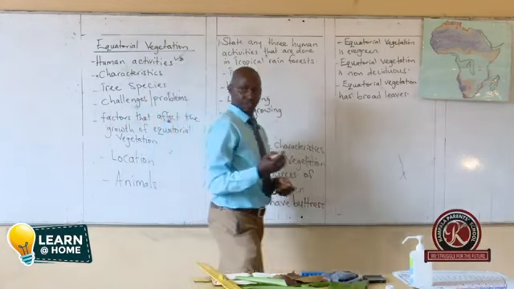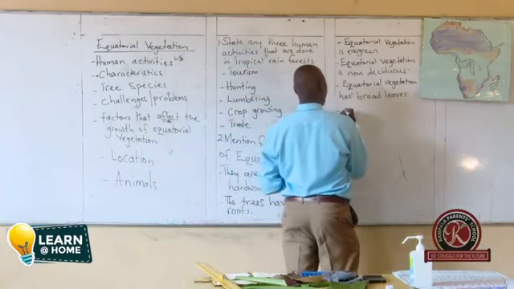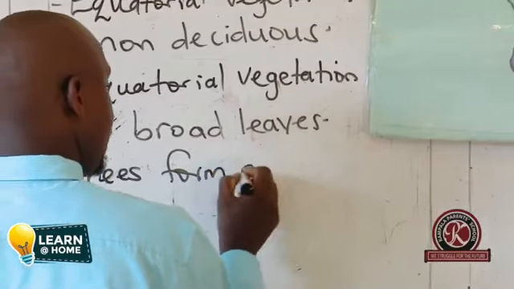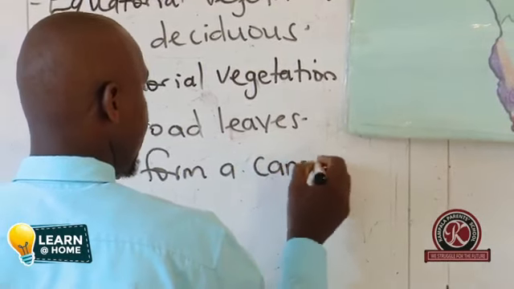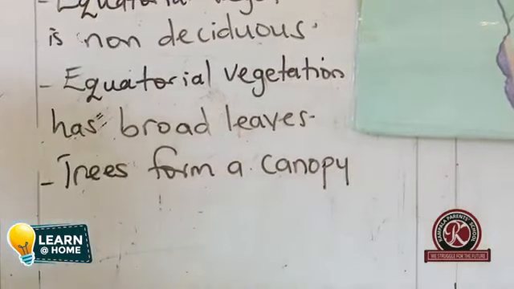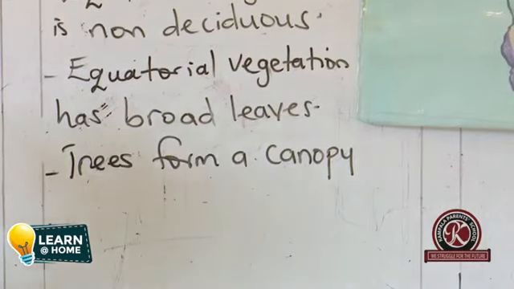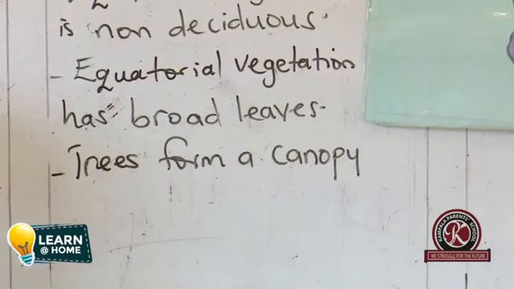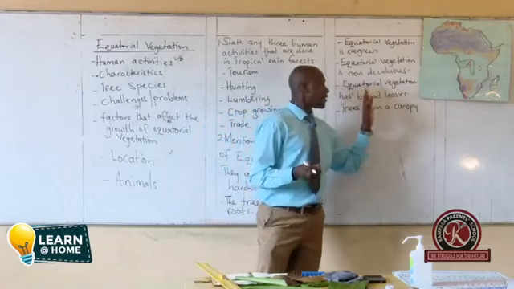So you can go ahead and look at the last, as per now, characteristic of equatorial vegetation. The trees form a canopy. A canopy is an umbrella-like structure found on equatorial vegetation.